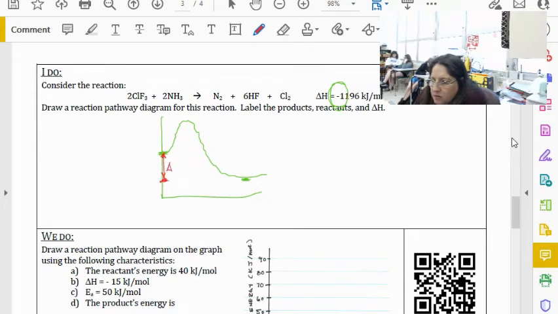So this is my delta H. And if they gave us values over here, all we'd have to do is subtract those to be able to get the quantity. Easy enough? They didn't ask for this, but what would this be from here to here? That's our activation energy. They did want us to label our reactants and our products.